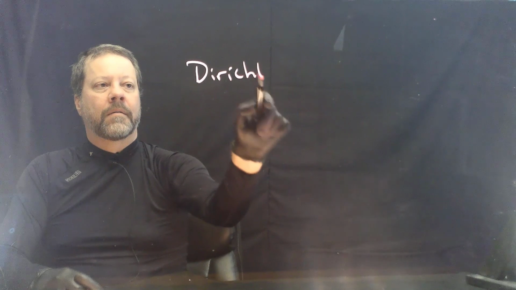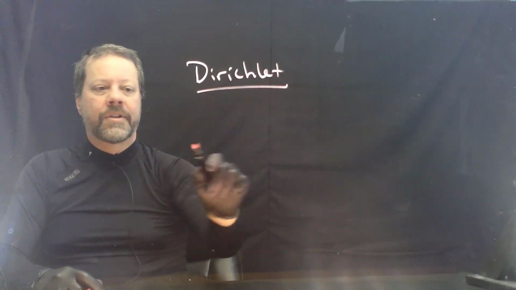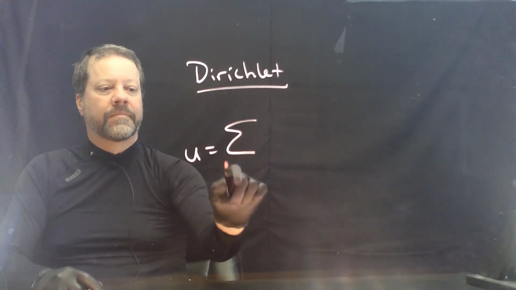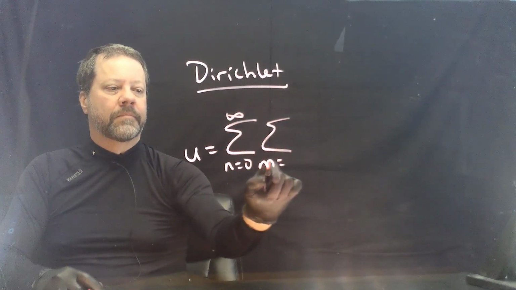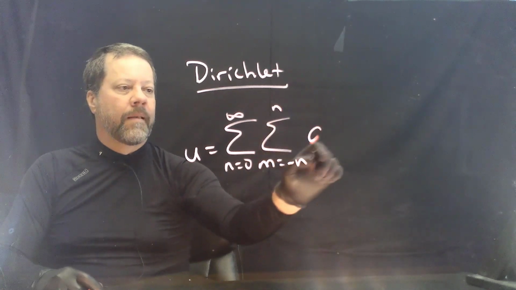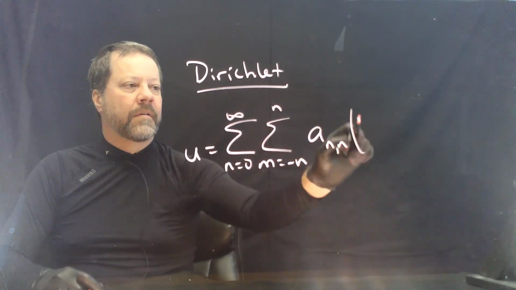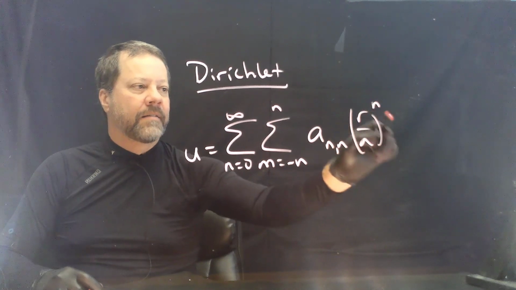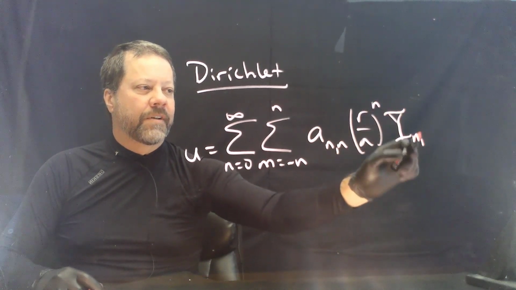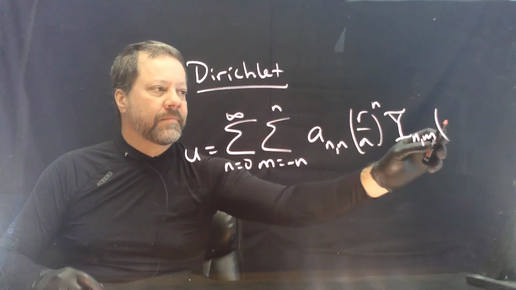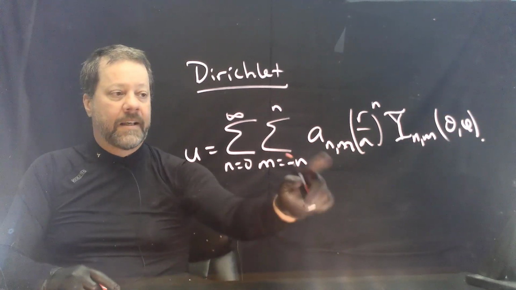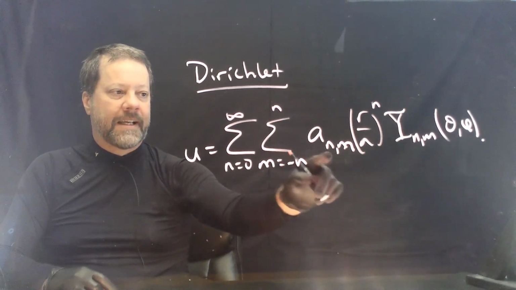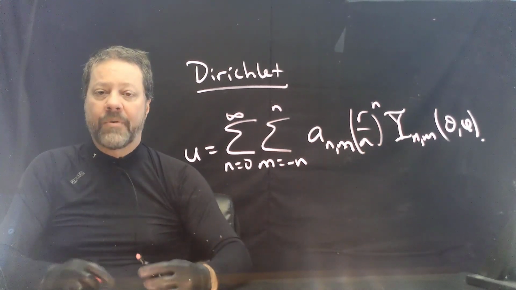It follows then that the solution to the Dirichlet problem on the ball is a n m r over a to the n. We'll just use the spherical harmonics where we find the Fourier coefficients a n m from the boundary data.